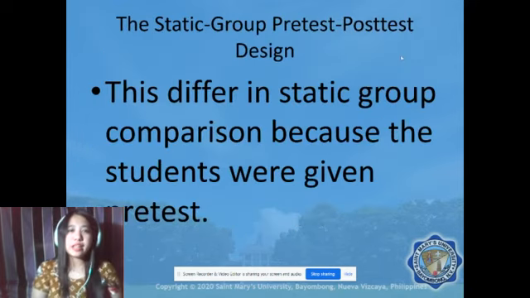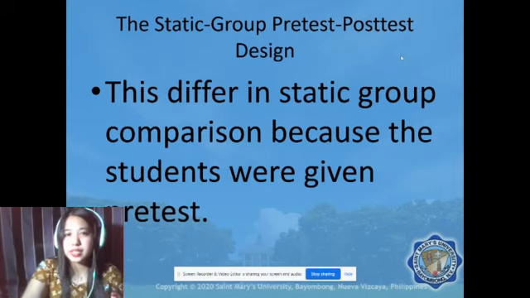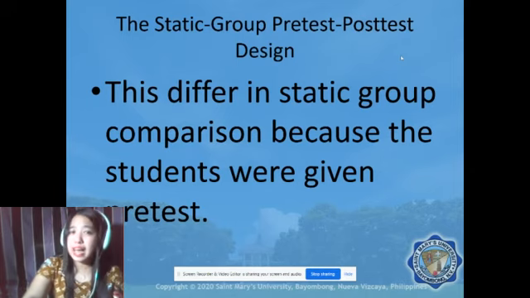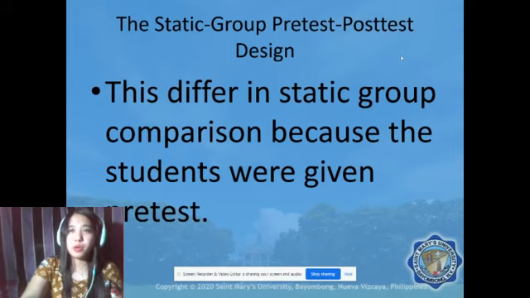While for the static group pretest-posttest design, you already include pretest and post-test. And so you have a comparison between the treatment group and the control group. However, the problem again with this, that's why it's called pure experimental, is that it is static, which means that there is no randomization or no matching.